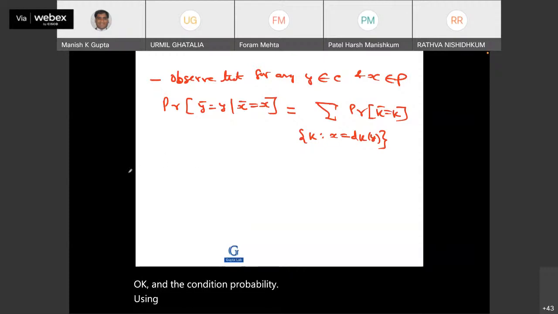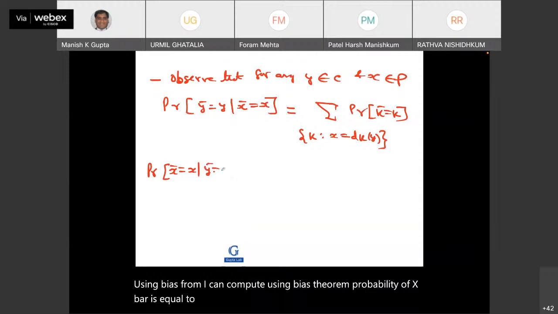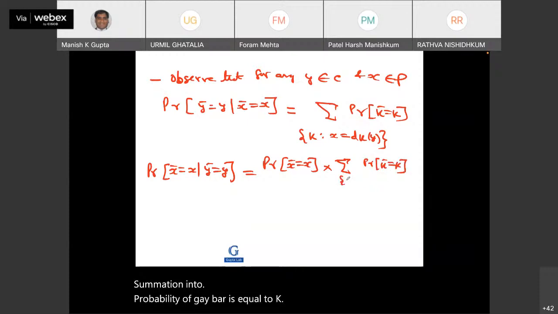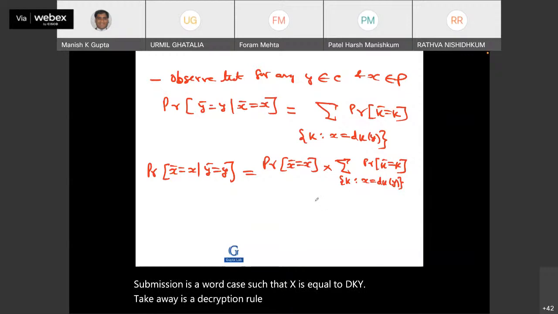Okay, and the conditional probability, I can compute using Bayes theorem. Pr[x bar = x | y bar = y] will be Pr[x bar = x] times the summation of Pr[k bar = k], where the summation is over k such that x = d_k(y). d_k is a decryption rule, if you remember.